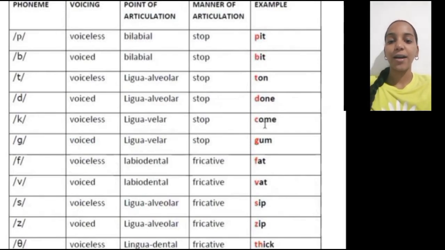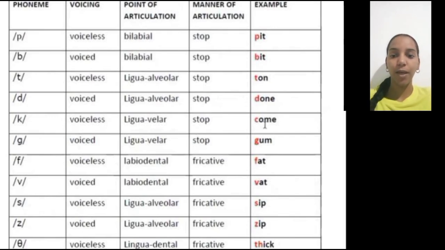Then we have k, which is voiceless, velar because the tongue is raised toward the soft palate. The manner of articulation is a stop, and an example is con. Here we have the phoneme g, which is voiced, velar, a stop, and an example is gone.